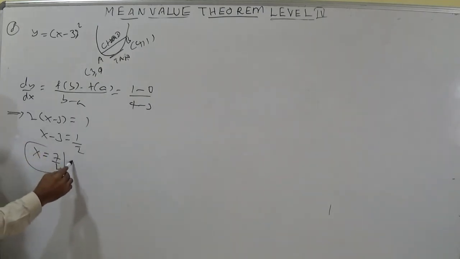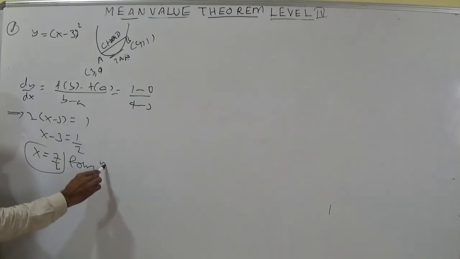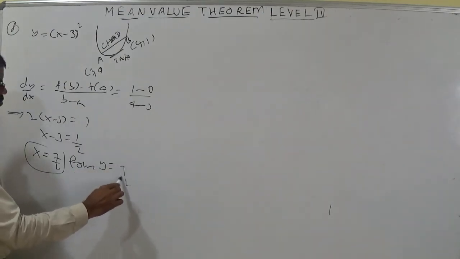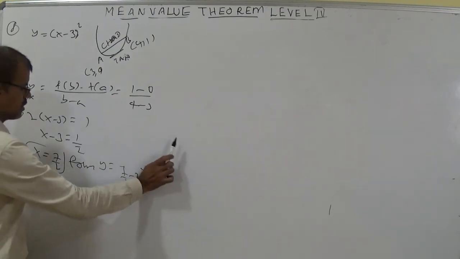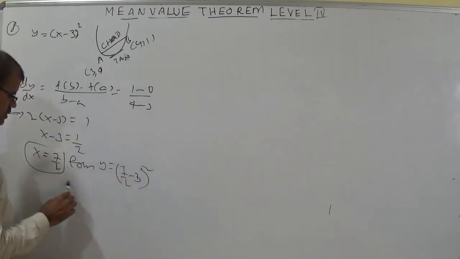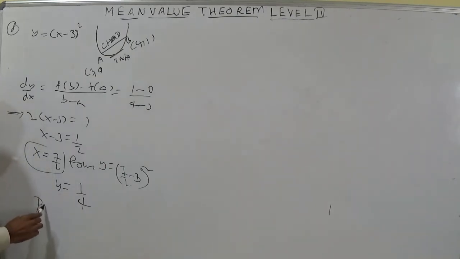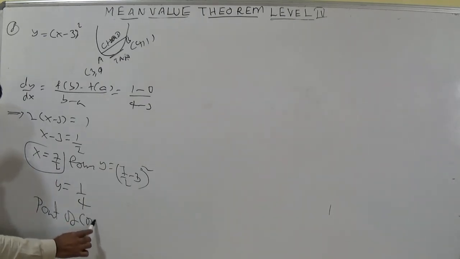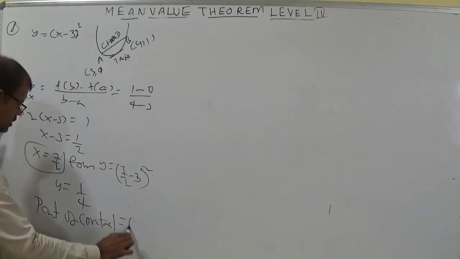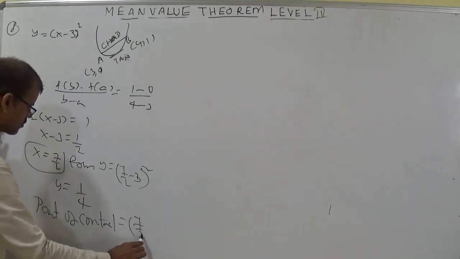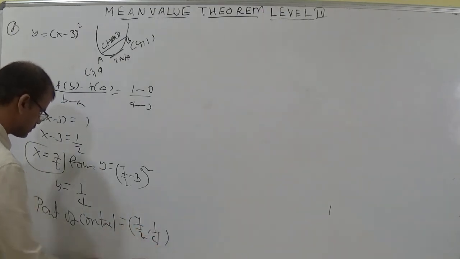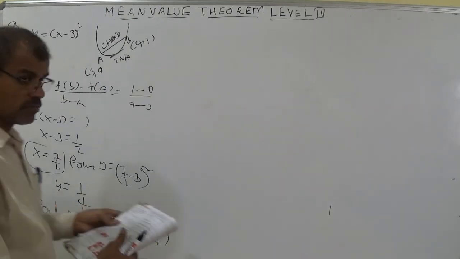From y, you write y is equal to 7 by 2 minus 3 whole square, which is 1 by 4. The point where the tangent touches the curve is called the point of contact. Point of contact is equal to 7 by 2 comma 1 by 4.